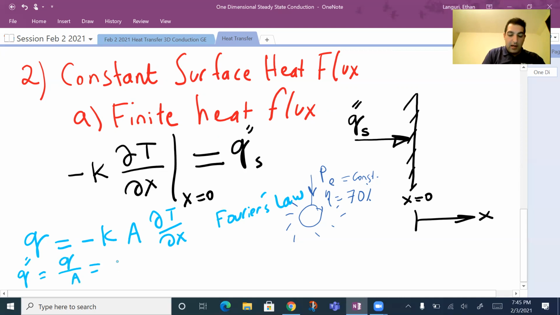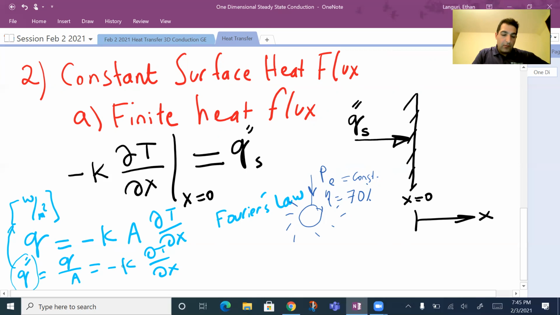So we get rid of the A here, so we have minus K del T over del X, right? That's the heat flux, that is amount of heat crossing a certain area. And by the way, the unit of heat flux is watt per meter squared. So in that case, all I have is minus K del T over del X is exactly what I have here. At this particular location at the surface it is constant, and that's equal to heat flux at the surface. So that's easy to follow using the Fourier's law.